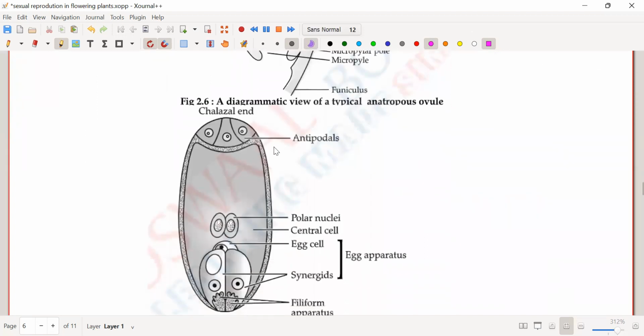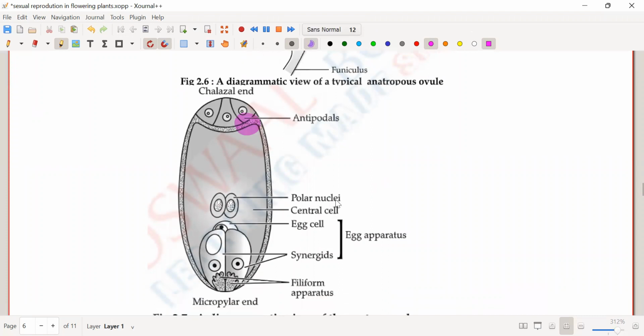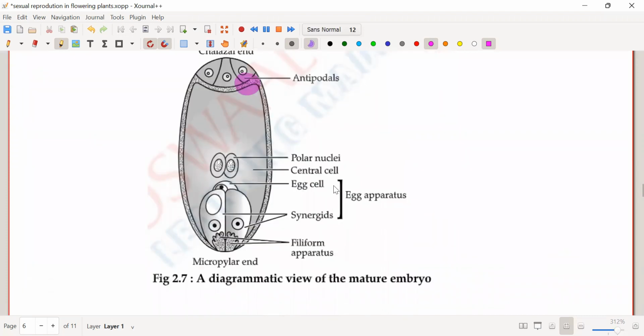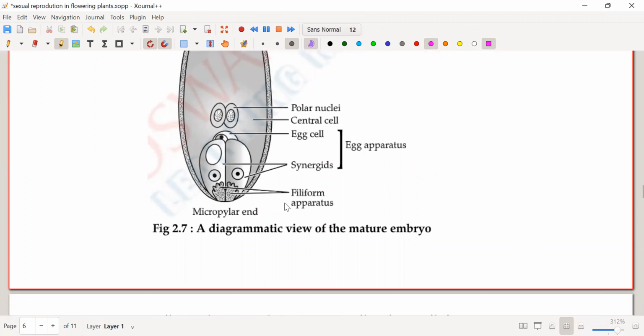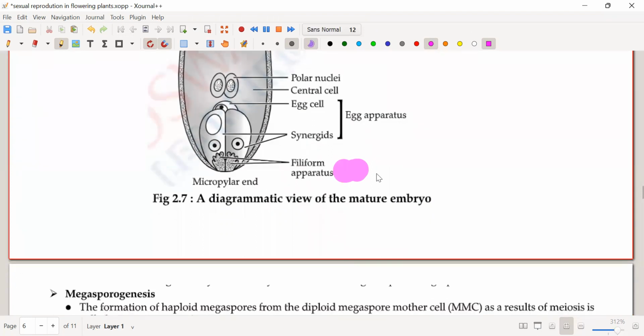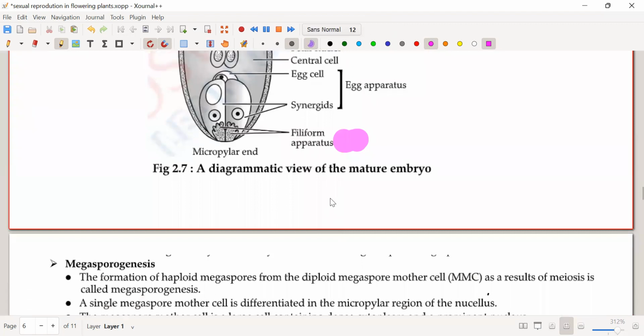Regarding the chalazal end, there are three antipodals. Then a central cell made up of two polar nuclei, and two synergids and one egg cell. This is known as the filiform apparatus at the micropylar end. The egg cell and synergids combined together are known as the egg apparatus.